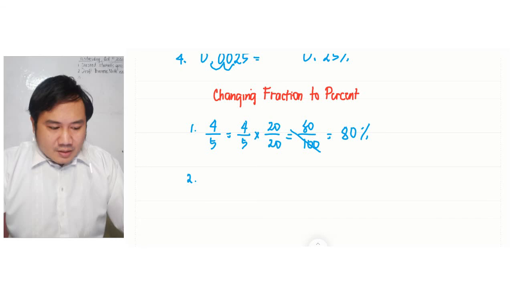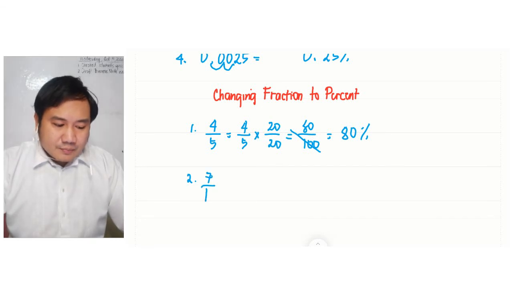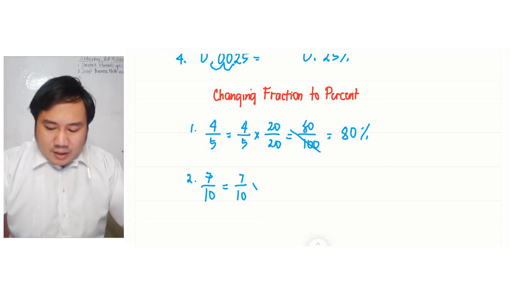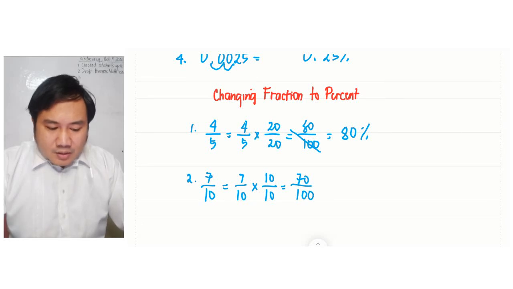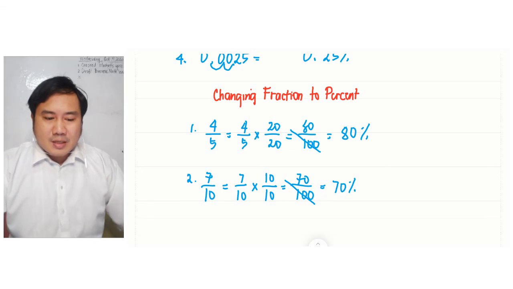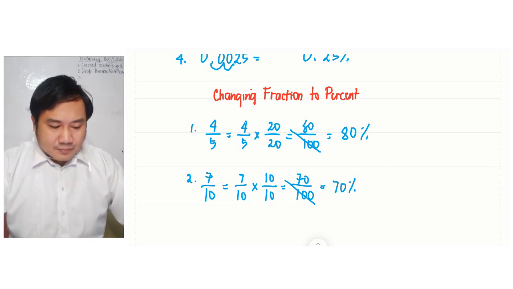Another, 7 over 10. So, para gawing 100 yung denominator, let us multiply both numerator and denominator by 10. So, 7 times 10 is 70 over 100. You can cancel this denominator and then palitan siya ng percent sign. Last, 27 over 50. Okay?